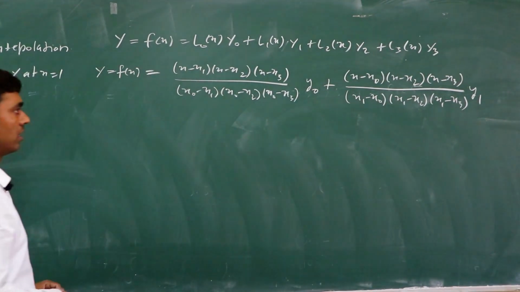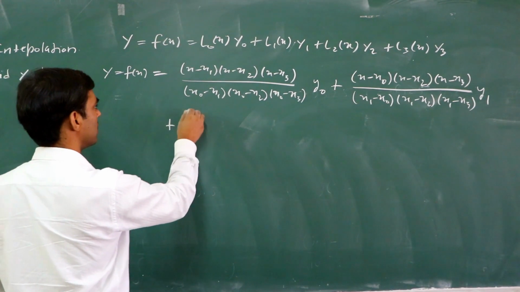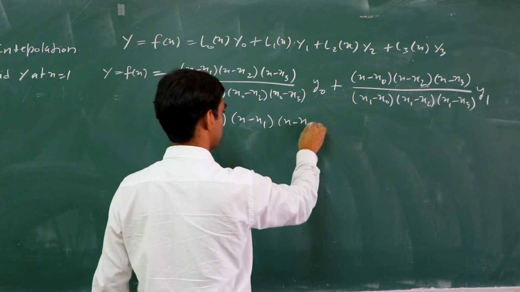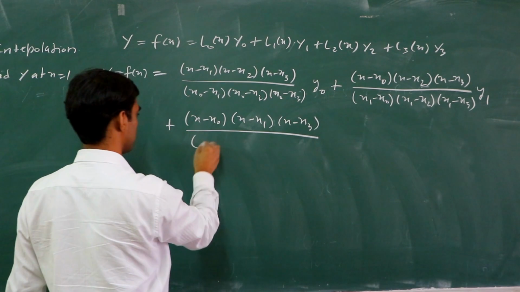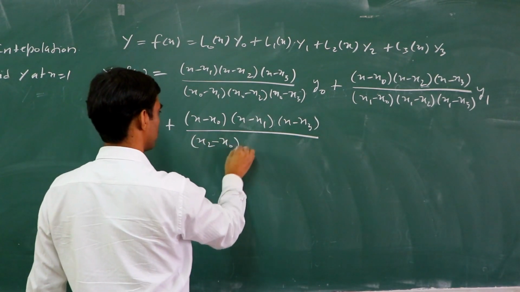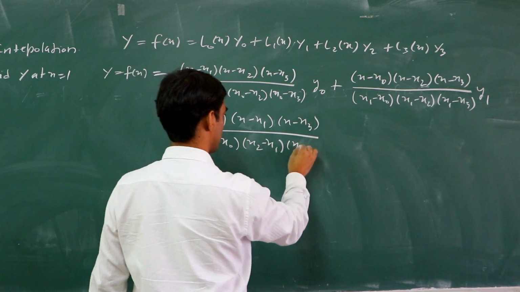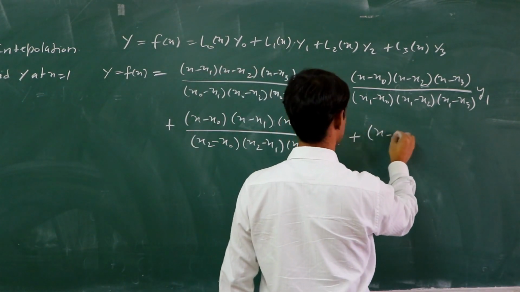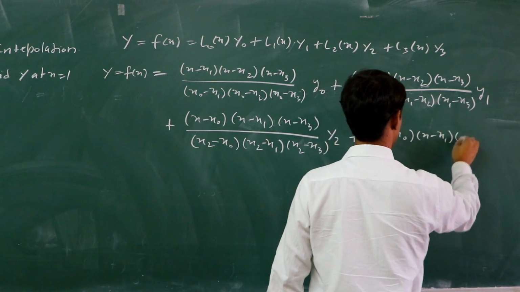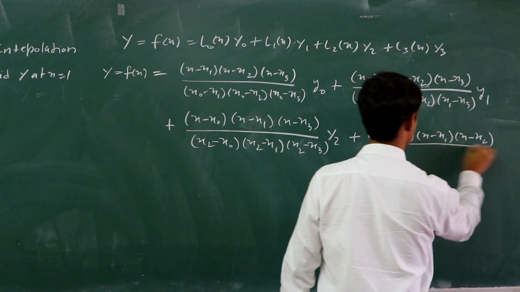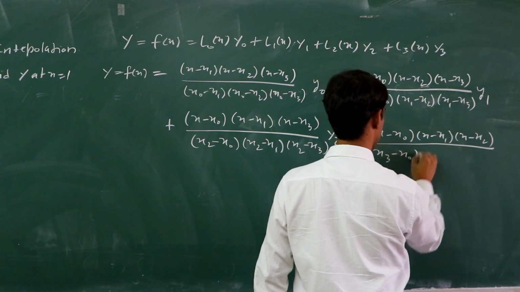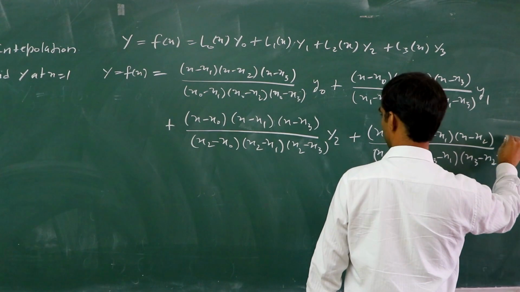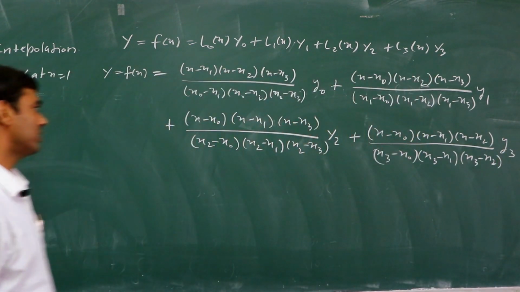Similarly, the next two terms: (x minus x0)(x minus x1)(x minus x3) divided by (x2 minus x0)(x2 minus x1)(x2 minus x3), multiplied by y2, plus (x minus x0)(x minus x1)(x minus x2) divided by (x3 minus x0)(x3 minus x1)(x3 minus x2), multiplied by y3. So just put the values.